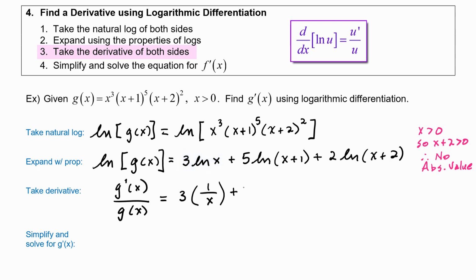Plus, we bring down the constant of 5, and we take that times the derivative of natural log of x plus 1, which would be 1 over x plus 1. Then we bring down the plus and the constant of 2, and we take that times the derivative of natural log of x plus 2, which is 1 over x plus 2.